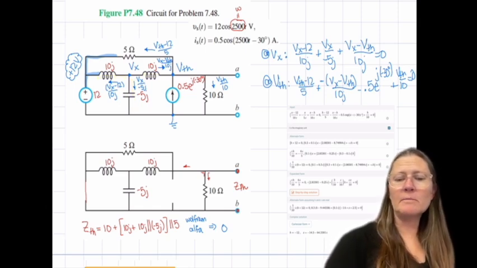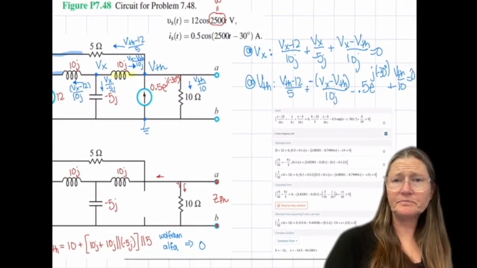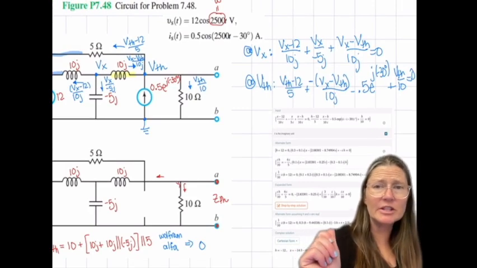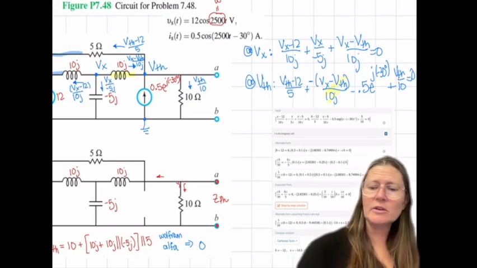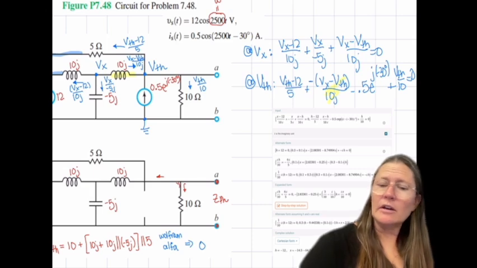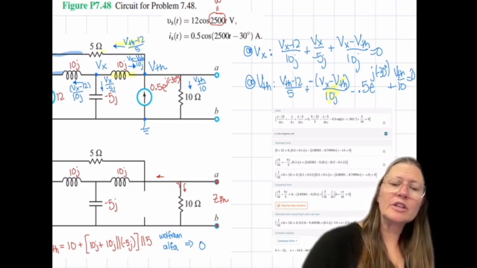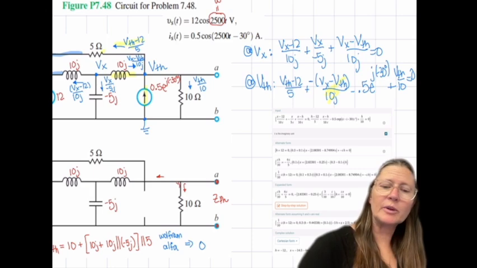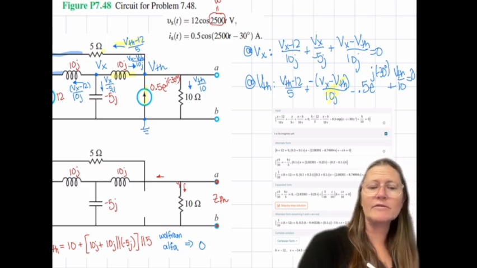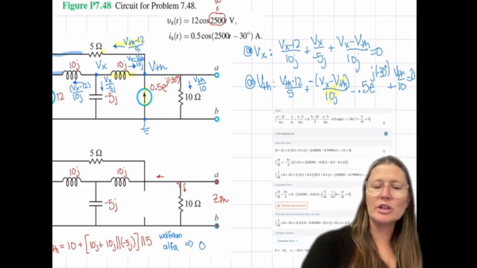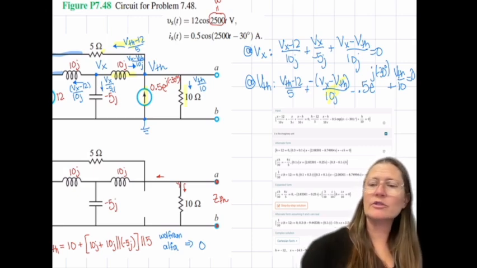In this one, I have to do a minus of this one, which is a minus Vx minus VTH over 10j. This one, which is VTH minus 12 over 5. This one coming in is a minus 0.5 e raised to the j to the minus 30. This one is VTH over 10.